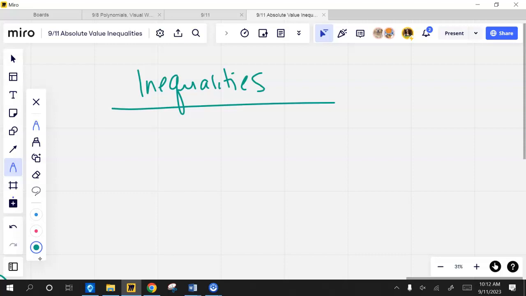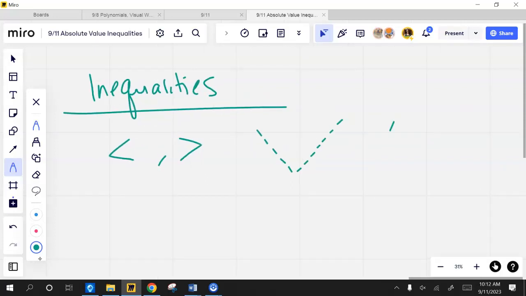All right, so the difference now is we're also going to throw in some inequalities where it's not just y equals, it might be y is greater than or y is less than, and it's really not going to add a whole lot other than two main things. If you see less than or greater than, it's going to give me a dashed absolute value, dashed because it does not include the actual boundary. If it's less than or equal to or greater than or equal to, then it's going to be solid.